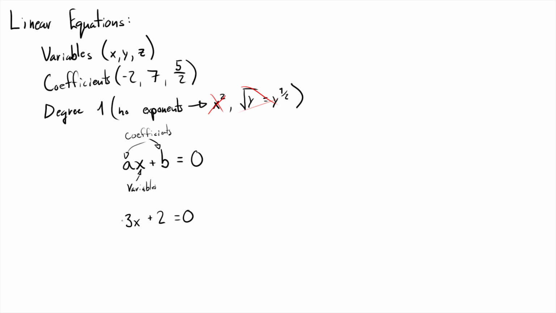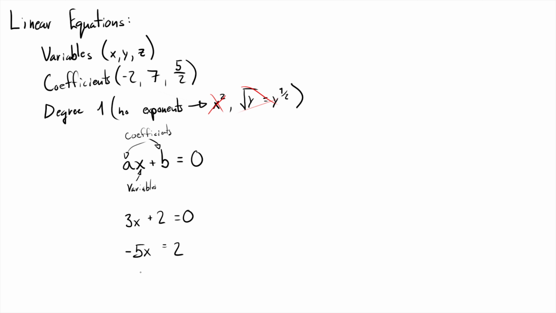Another example of a linear equation could be something like -5x equals 2. This is another linear equation. Again, we have two coefficients here, -5 and +2. We have a variable of x, and it is of degree 1, so there's no exponents. So this is in fact a linear equation of some sort.